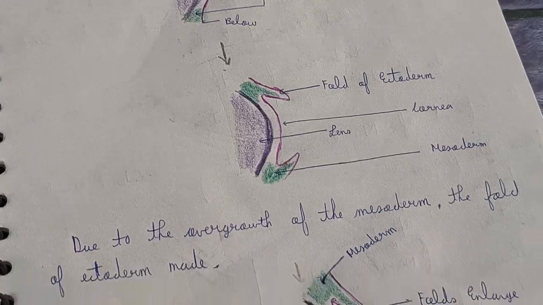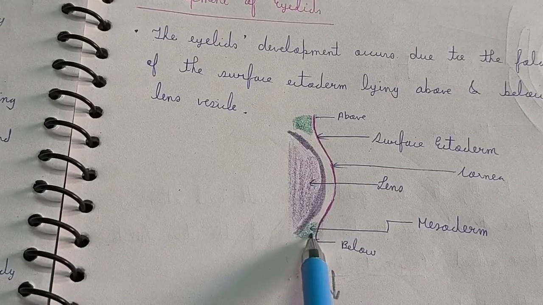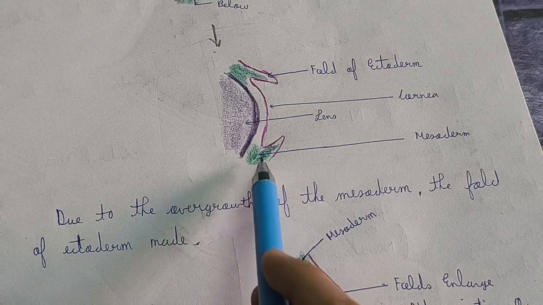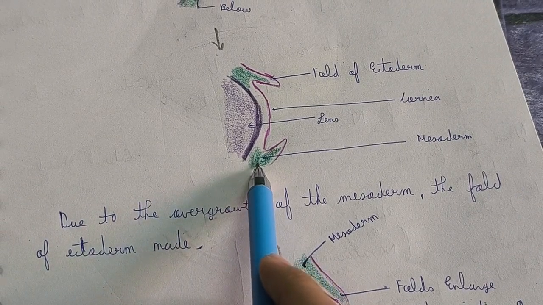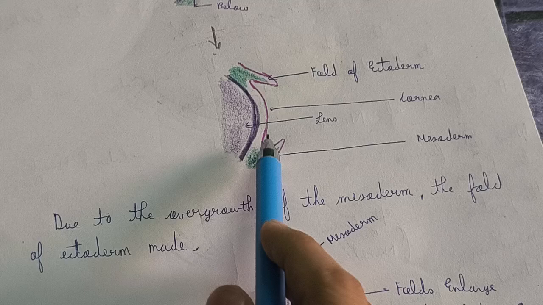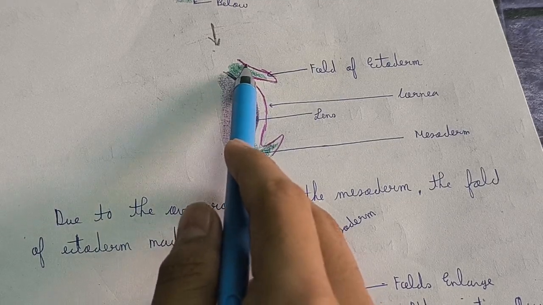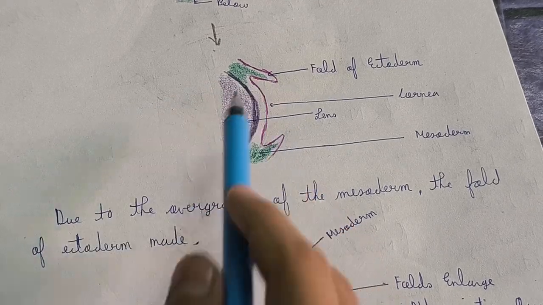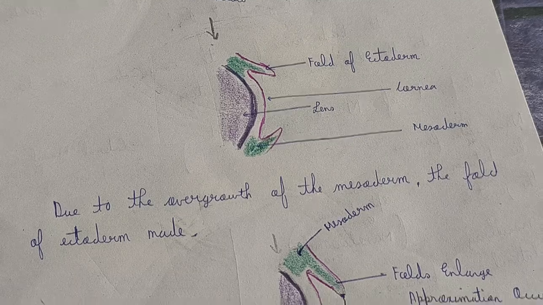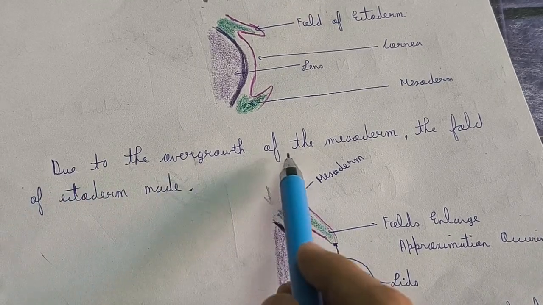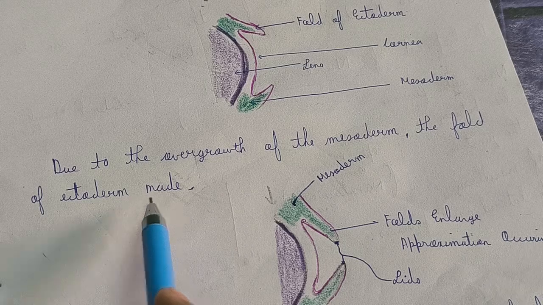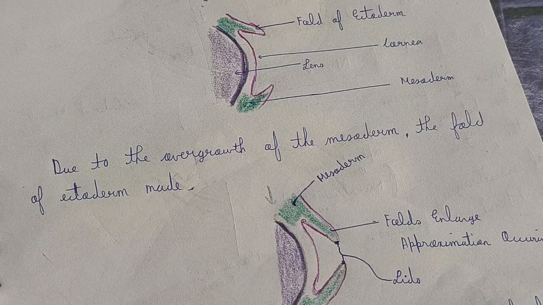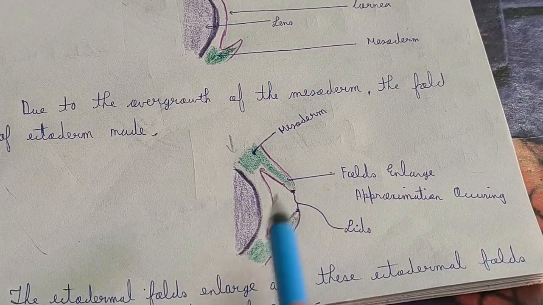Finally, as you can see, this is the mesoderm also. You can see the overgrowth of the mesoderm occurring, and due to this overgrowth of mesoderm, folding of the ectoderm occurs.